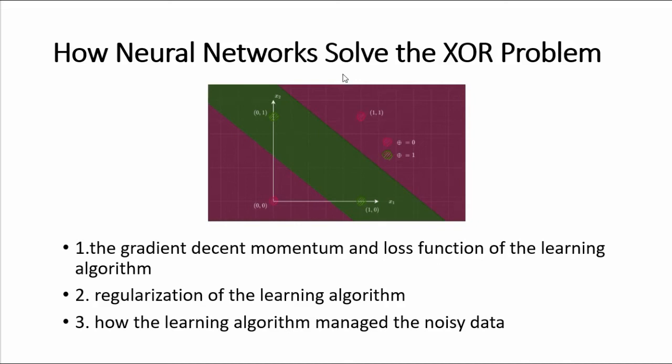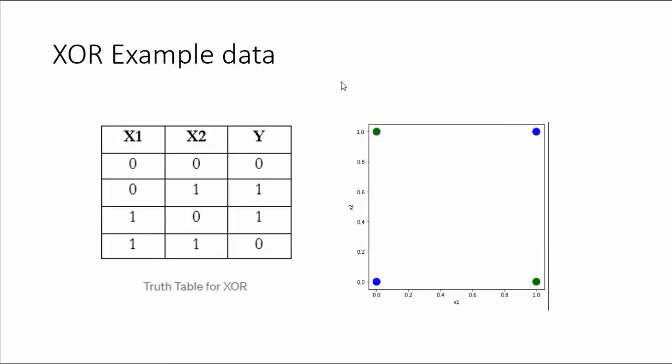Okay, in this video, I will show how the neural network solves the exclusive OR problem. So, to solve the exclusive OR problem, we need to know what exclusive OR actually is. When x1 and x2 stand for the input data, y stands for the output.